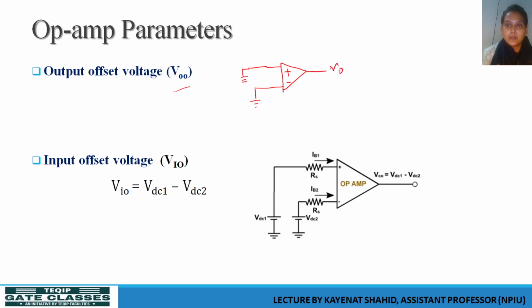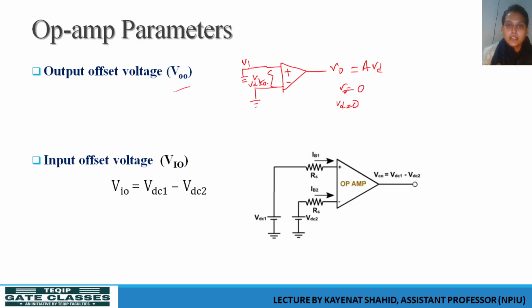This is your VO. As we have already discussed, this depends on the differential voltage, hence VO will be equal to 0, as VD is 0 here.